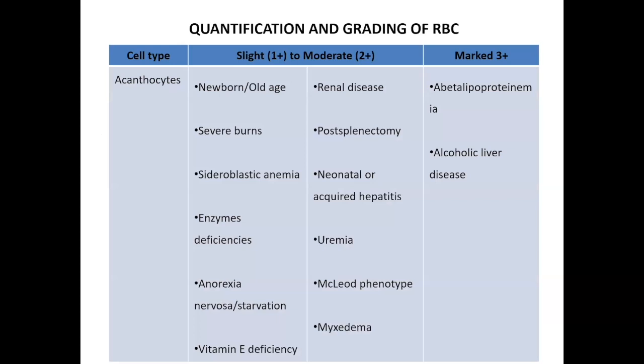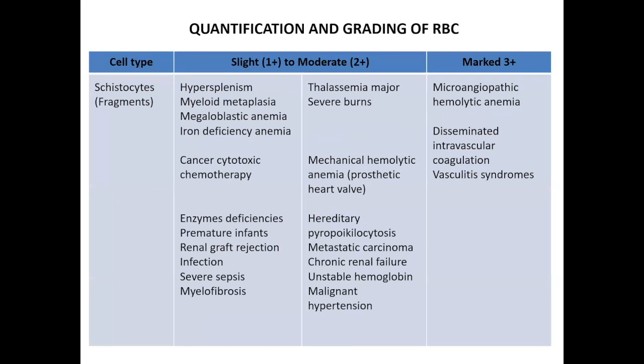Yes, it is important, because if you see poikilocytes, acanthocytes, we relate it to alcoholic liver disease, but it is only alcoholic liver disease if it is 3 plus. You can have acanthocyte 1 plus and 2 plus in other cases also. In the same way, schistocytes 1 plus, important just to tell that there are certain schistocytes, because in many graft rejections or such conditions or cancer chemotherapy, those are important clues to tell that something wrong is going on.